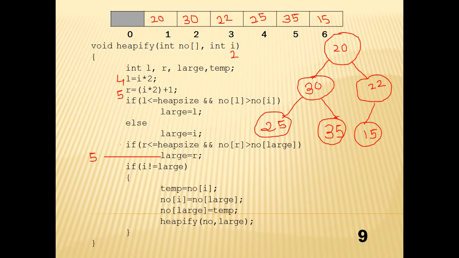This index is greater, and i not equal to large, so the condition will be true. Again, the elements at i and large will be interchanged.